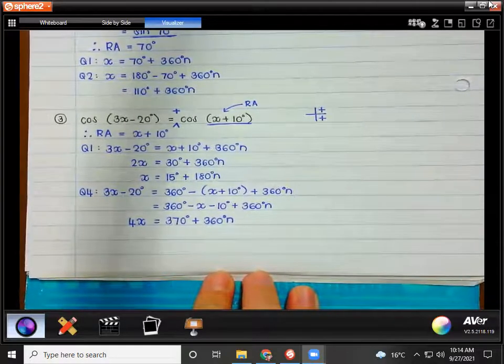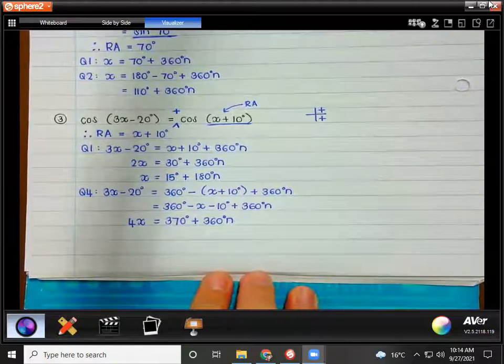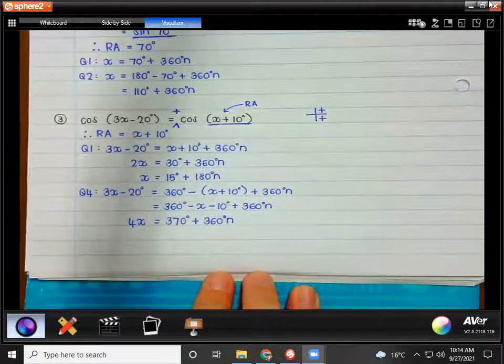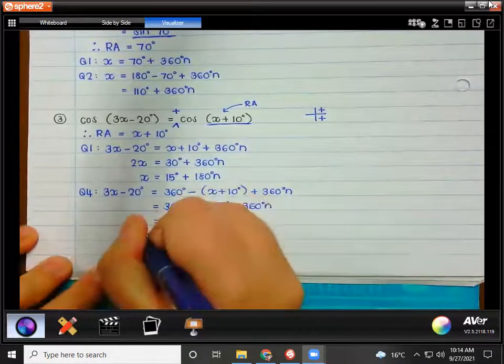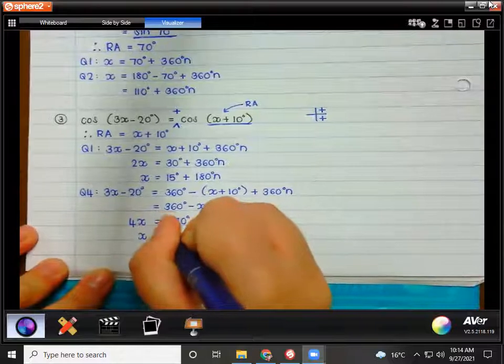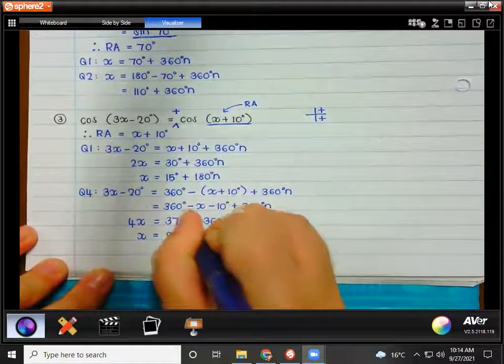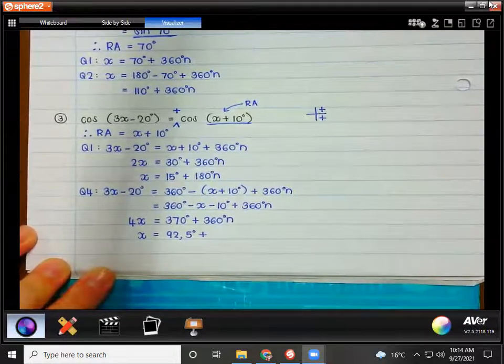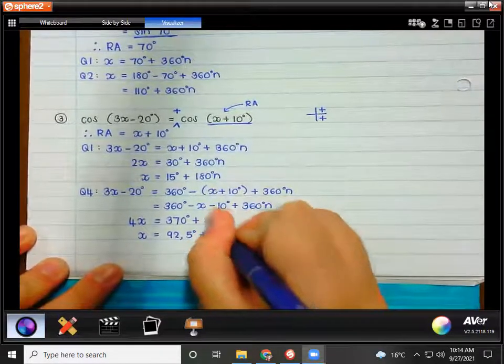So please don't sit there and think, oh, Ms. Form is going to know that I typed this into the calculator and I'm not going to get my marks. Do it. Okay, 370 divided by 4 is 92.5. Okay, don't try and do that in your head, guys. No one's going to know that you typed it in. 92.5 degrees plus 360 divided by 4, you can do though. Hey, what's that? 90.